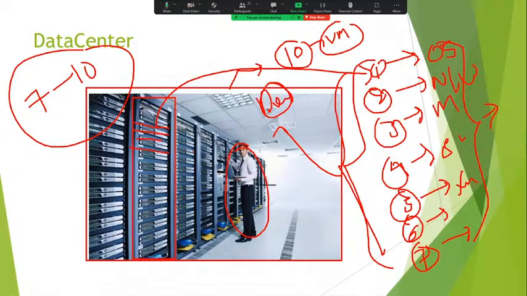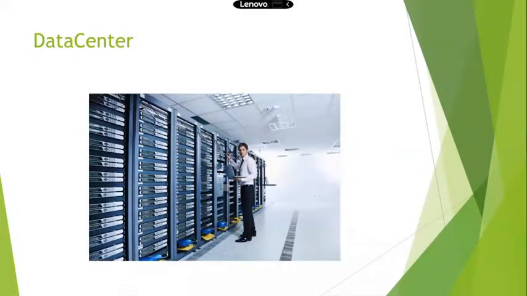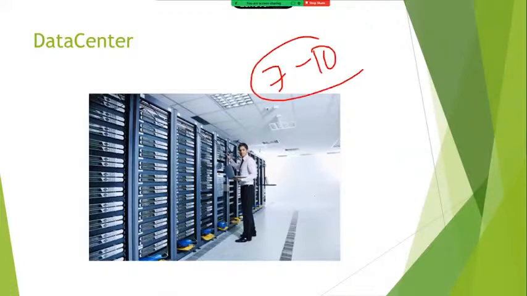Then installation, configuration, management, verification, checking security and vulnerabilities. To do all these things, it will take a minimum of 7 to 10 days. This is a burden to the organization. Why? Because if it takes 7 to 10 days, it is very difficult. Nowadays, everything is happening instantly, right?